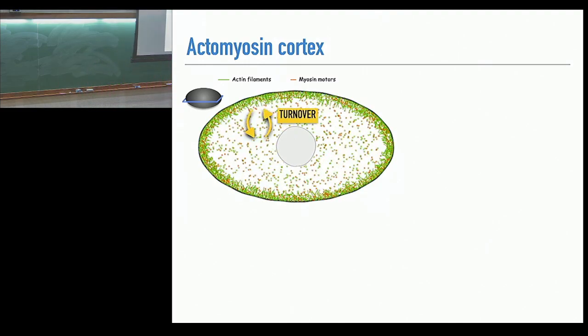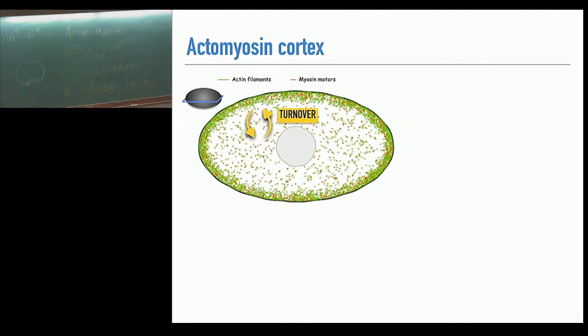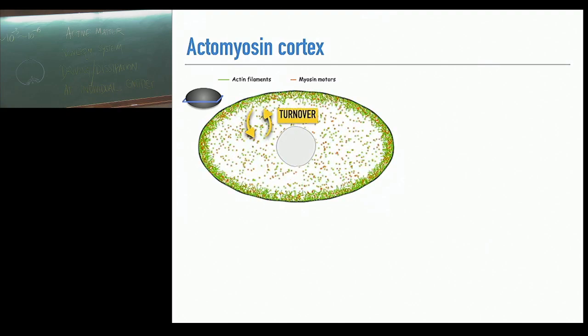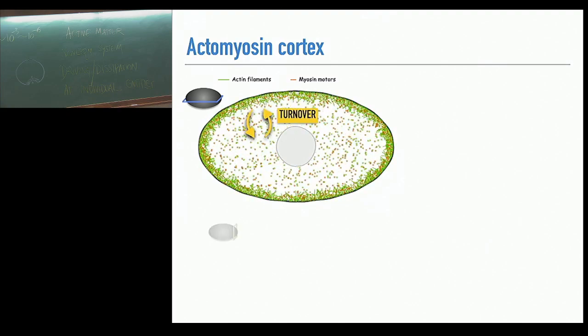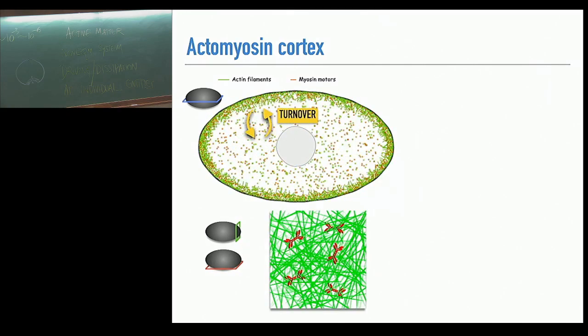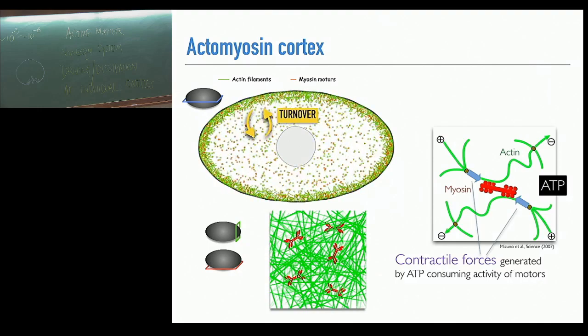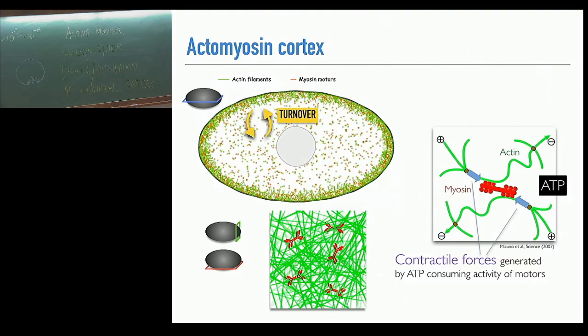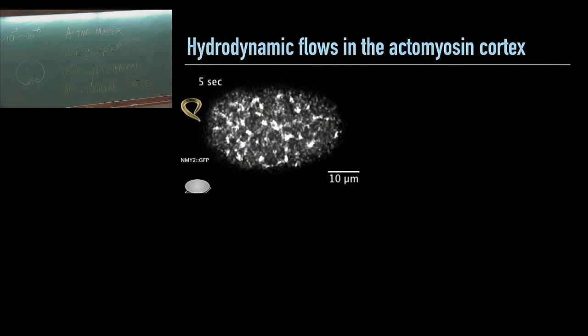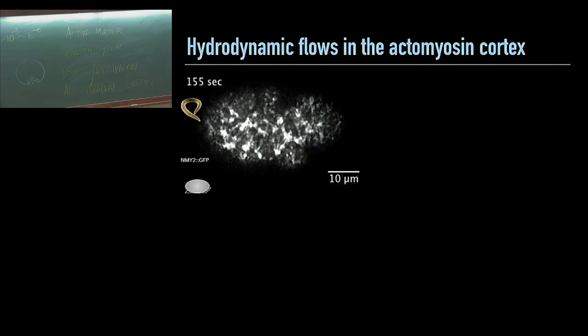So I said the actomyosin cortex is a thin film of actin and myosin filaments, and it turns over on time scales. And on time scales much longer than the turnover time scales, it really behaves like a simple viscous fluid, though it's an active fluid. Activity really comes from the flows.